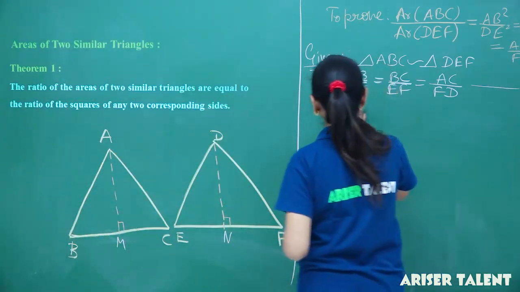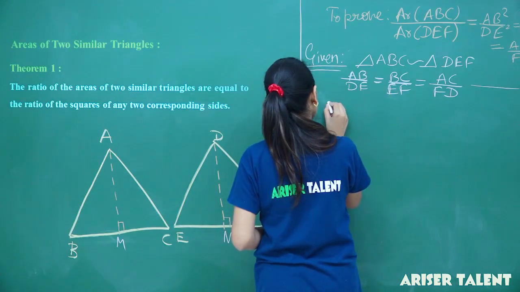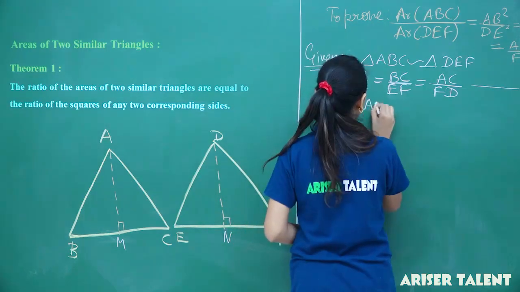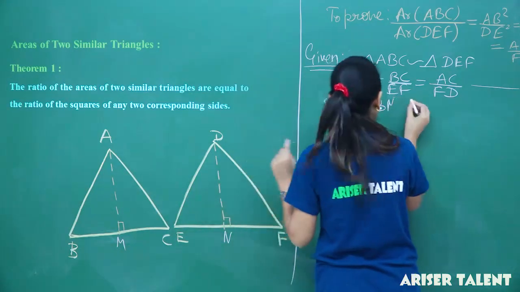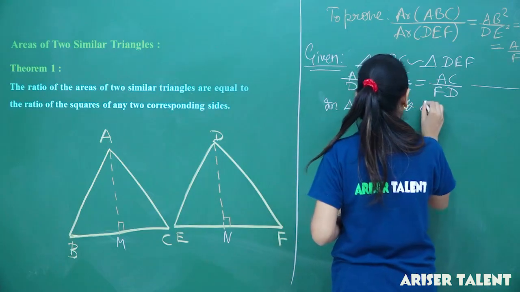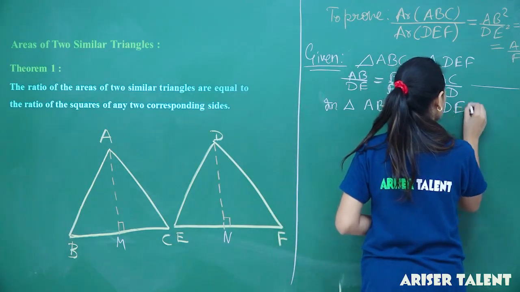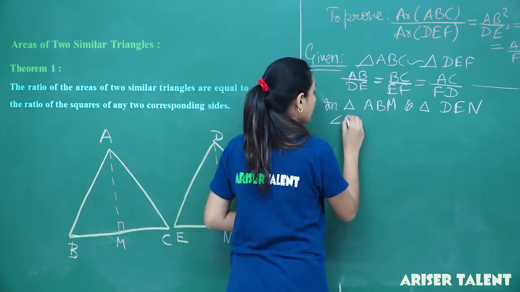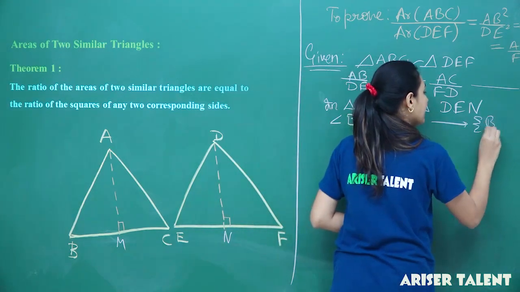Now students, in triangle ABM, I am talking about this triangle and this triangle, ABM and triangle DEN, what I have is angle B equals angle E, angle B equals angle E by similarity.